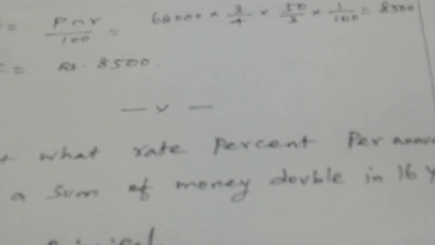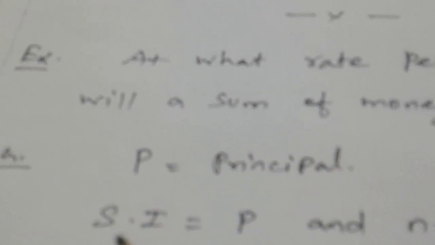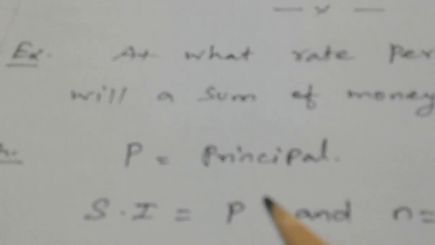Here the period n is 16 years and we have to find the rate R. The solution: let P be the principal, the simple interest is P, and the given period n is 16 years.